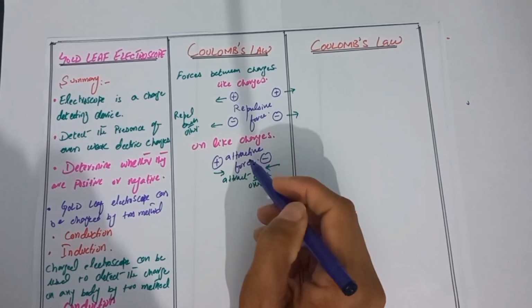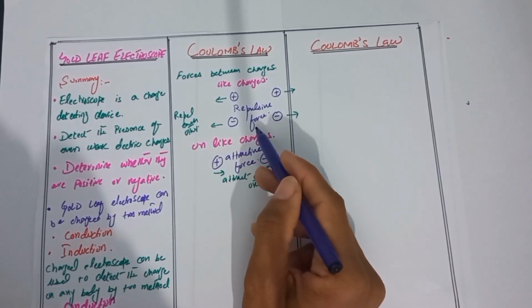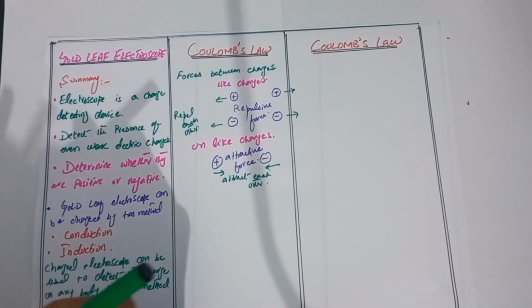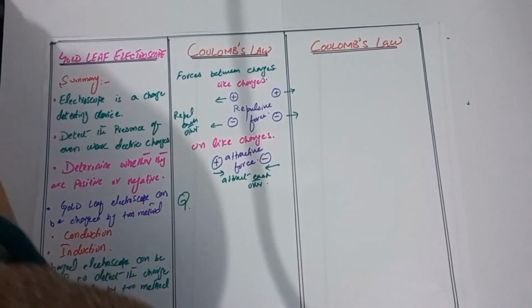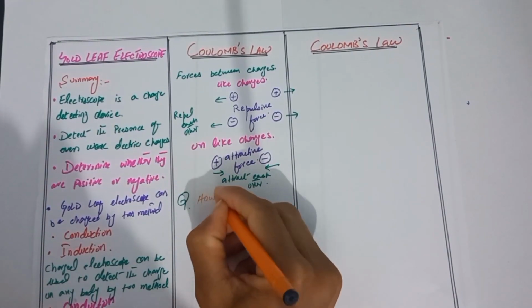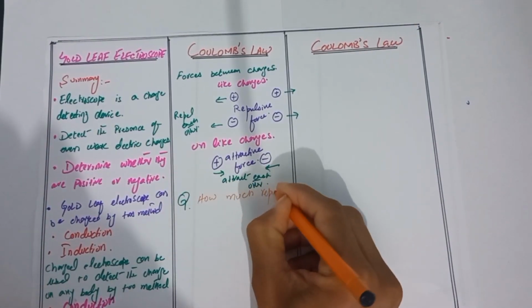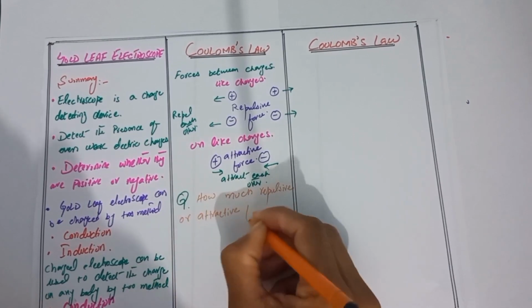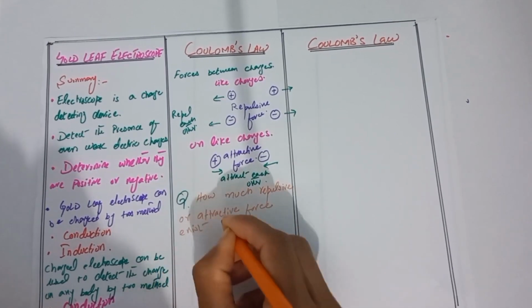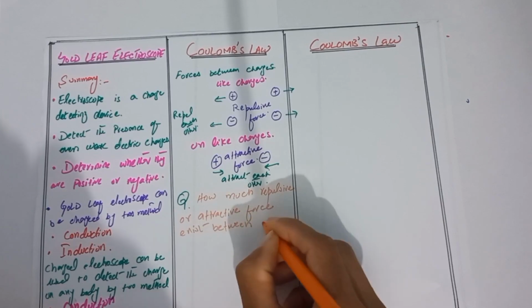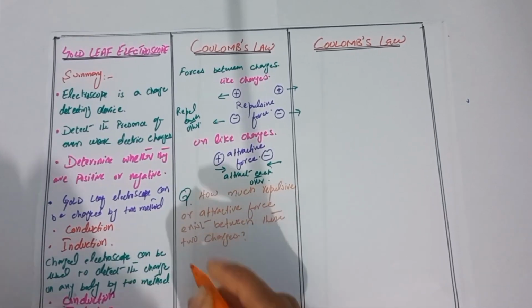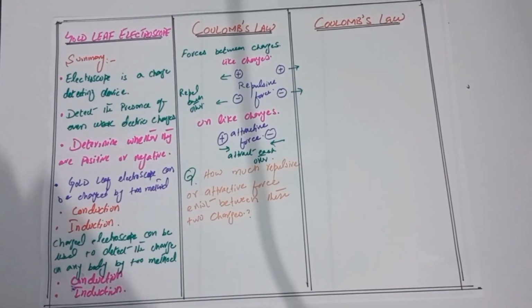Now we measure the quantity of this force, how much force there is between like charges or unlike charges. So the question arises here: how much repulsive or attractive force exists between these two charges? How can you calculate it? Coulomb's law.